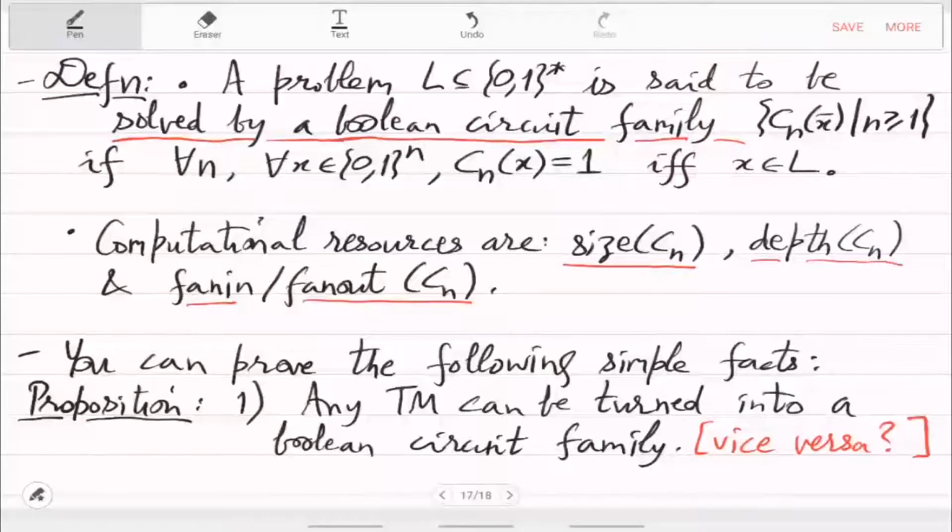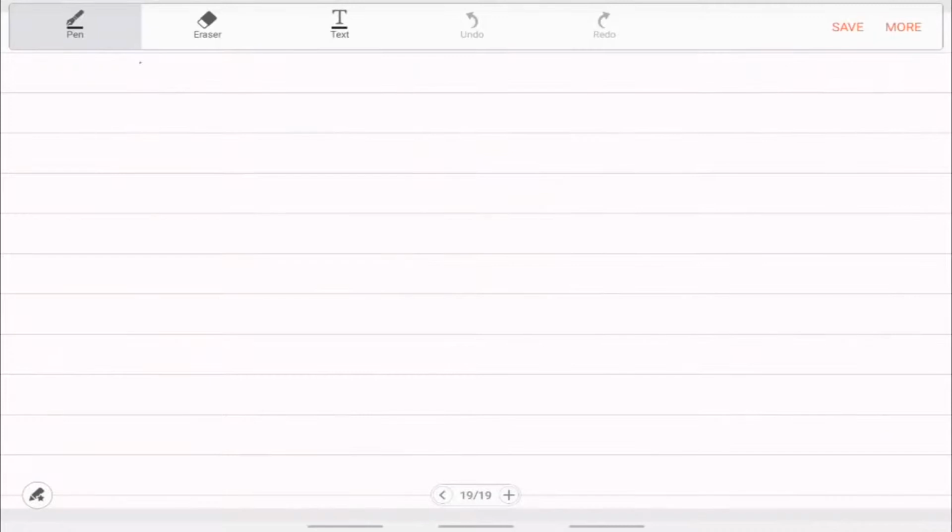When this Cn is equal to the polynomial Fn. So polynomial families can be modeled by arithmetic circuit families, and the resources are the same: size, depth, fan-in, fan-out. The same definitions you can do for arithmetic circuits, and based on all this, you can now define complexity classes.